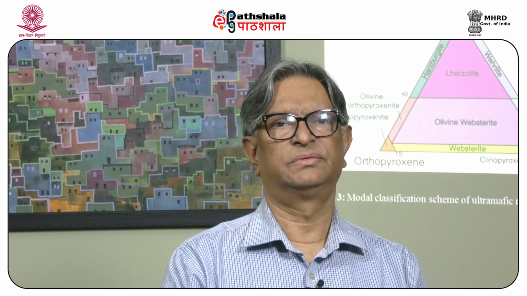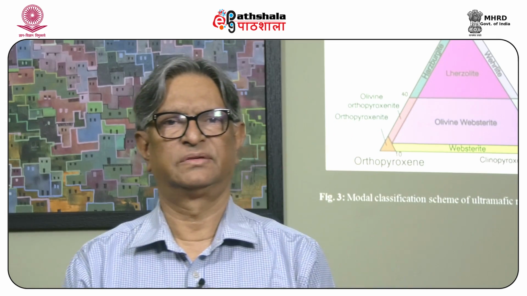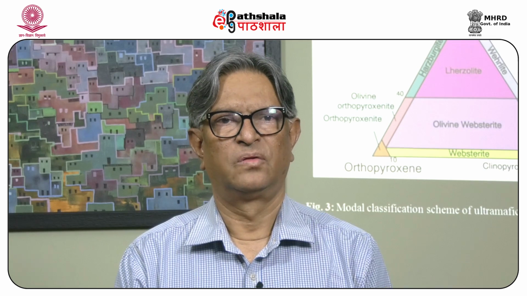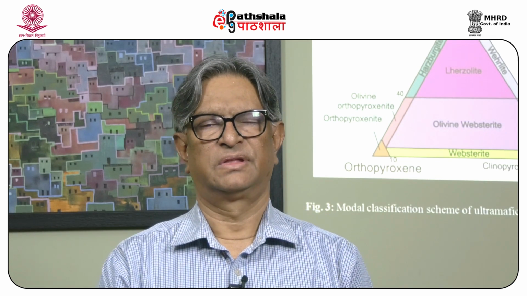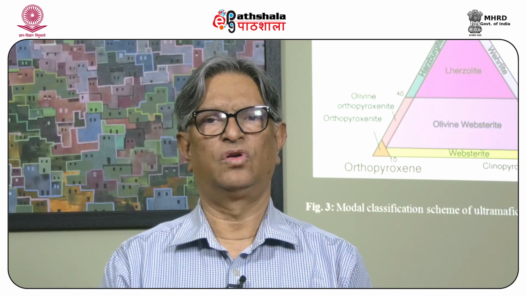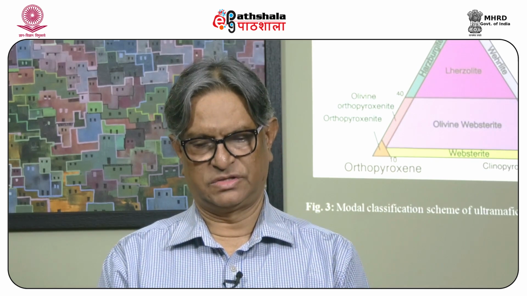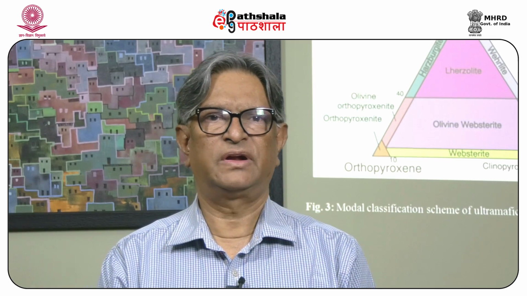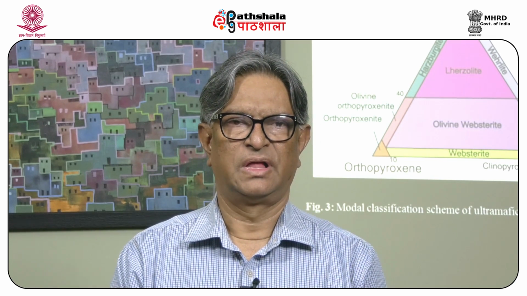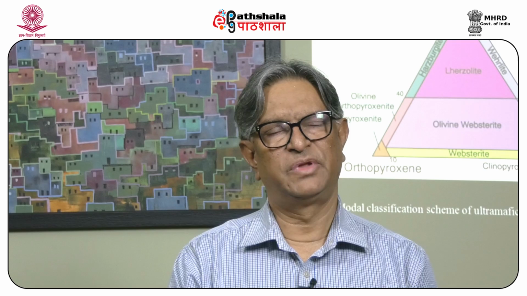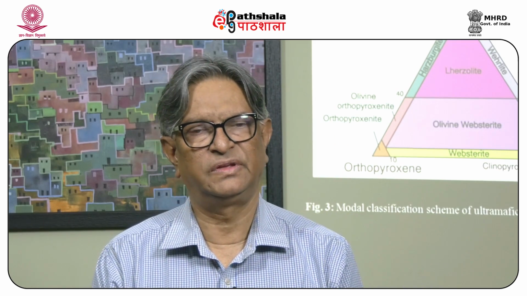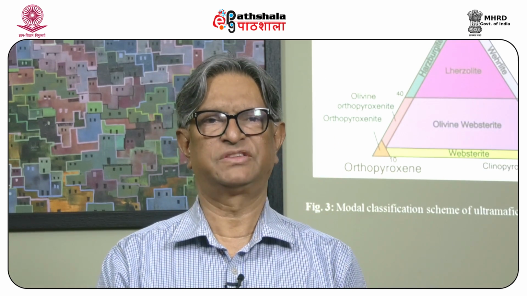When it comes to ultramafic rocks, if it is a plutonic rock, then what we see is that it will have more of olivine, orthopyroxene and clinopyroxene. So, different combinations are there in terms of the minerals. In this, you will see that there is no mention of plagioclase.